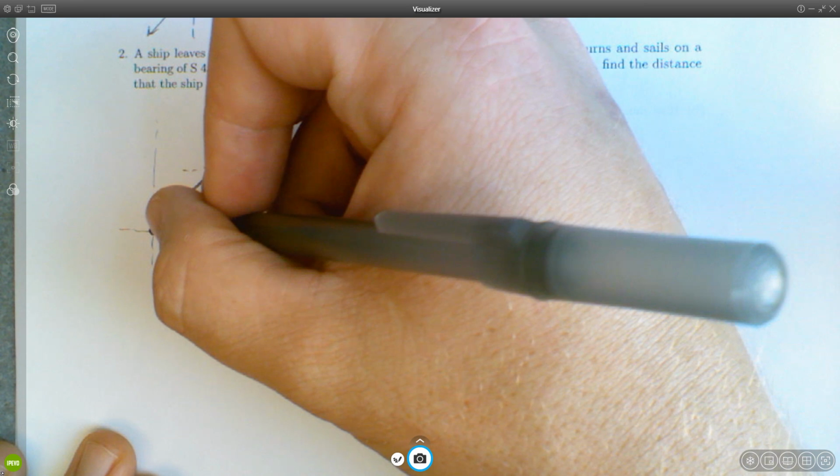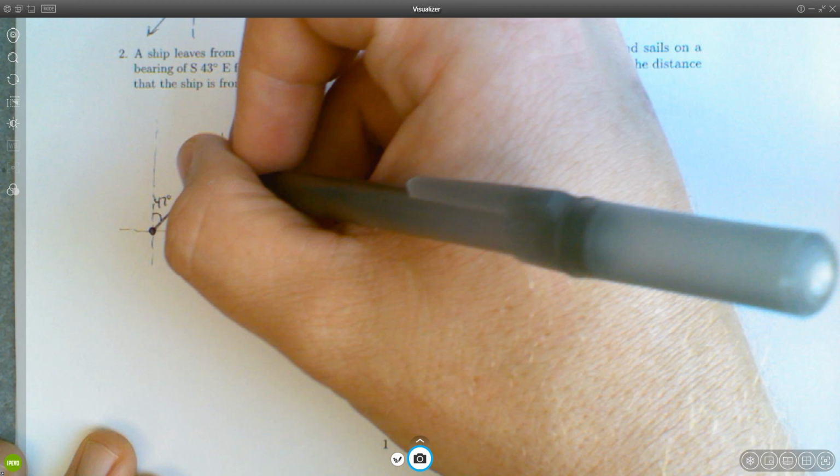At this point, he turned and went south 43 degrees east, so that angle right there is 43 degrees. Now, what do you notice about 47 degrees plus 43 degrees? 47 plus 43 is 90 degrees, isn't it? So actually, this angle right here is a 90-degree angle.